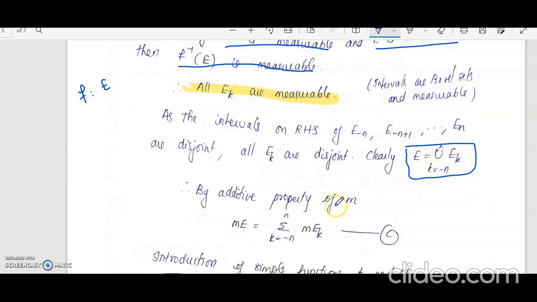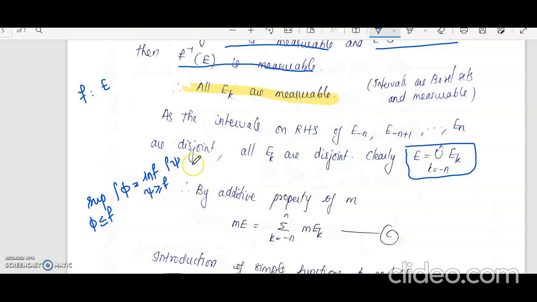Now by the additive property of measure, the measure of E will be the summation for k equal to minus n to n of the measure of Ek. Now let us bring in the functions phi and xi. What we need to prove is that the supremum over all phi less than or equal to f of the integral of phi must be equal to the infimum over all xi greater than or equal to f of the integral of xi.